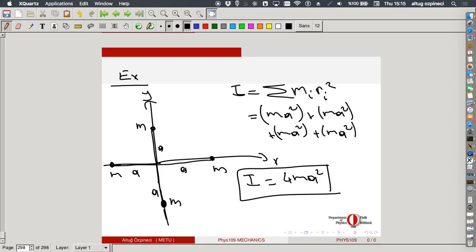For a simple system, we can calculate the moment of inertia in a straightforward manner. Now, if this whole thing is rotating with angular velocity omega, in that case, the moment of inertia would give the kinetic energy.